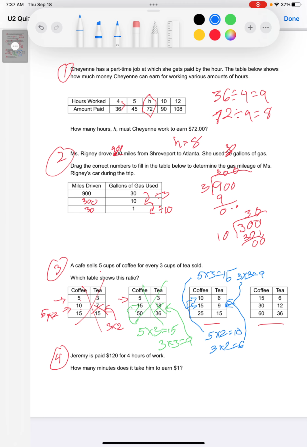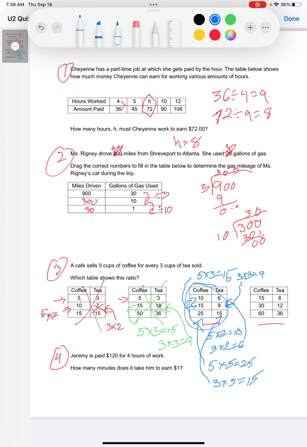Okay, doing good so far. 5 times 5 is 25, and 3 times 5 is 15. And so that's our right answer, because we multiplied by the same number on each side.